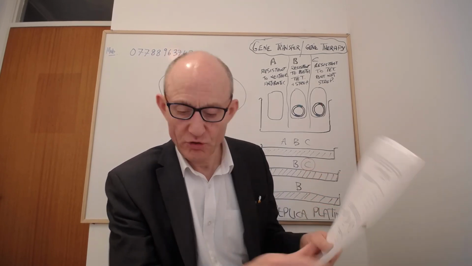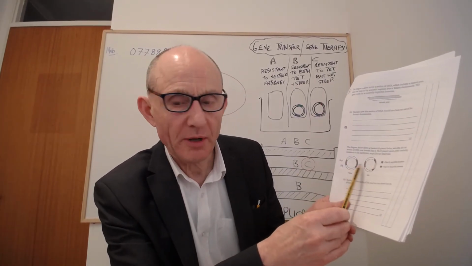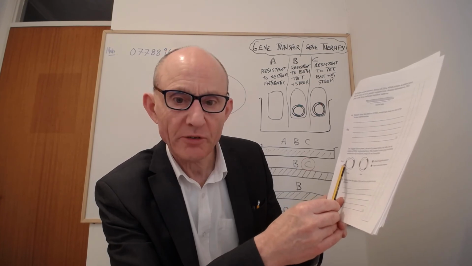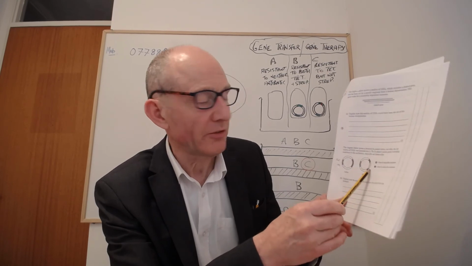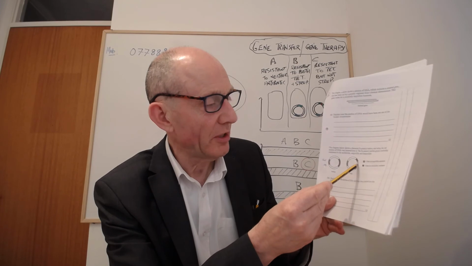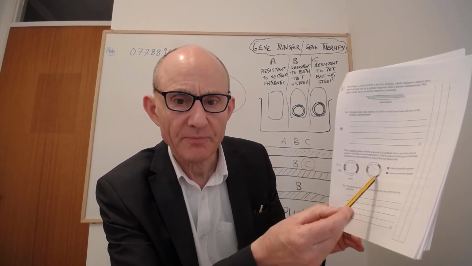It uses different plasmids. It uses a plasmid containing an ampicillin resistance gene. Ampicillin is another antibiotic, and a tetracycline resistance gene. And you'll see in this case that the human gene is inserted into the middle of the tetracycline resistance gene.